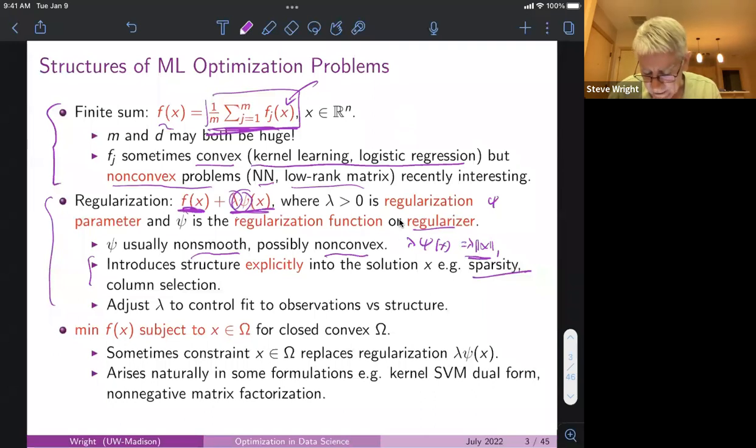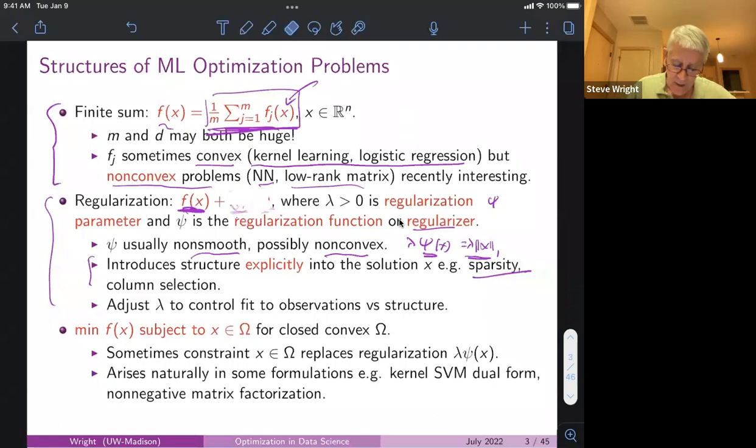There's a thing called the total variation norm, which is used in image processing, which introduces a kind of structure in the solution that tends to promote images that really look like images with large areas of constant color and sharp boundaries between them and so on. So you have to choose the psi very carefully to match the kind of structure that you're looking for.